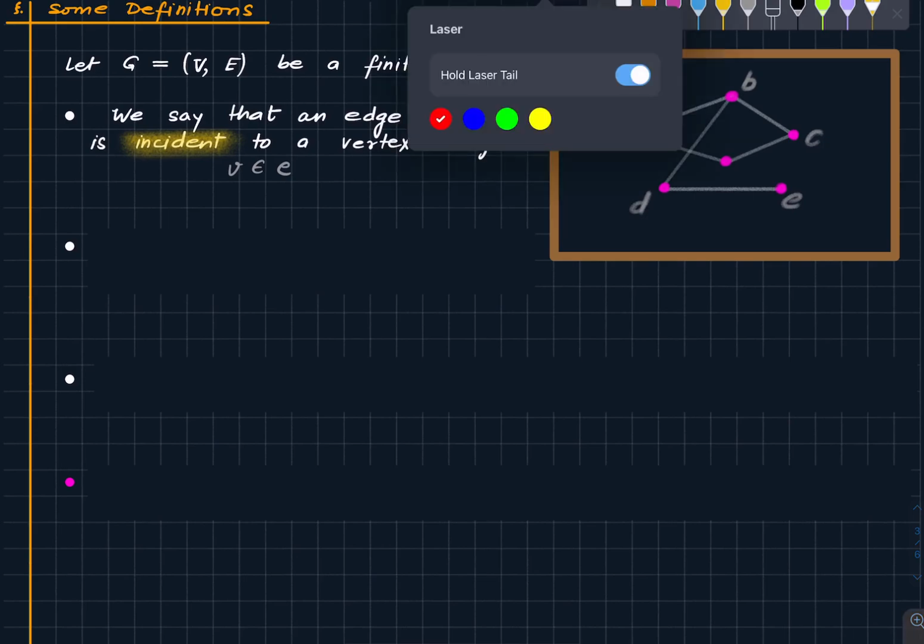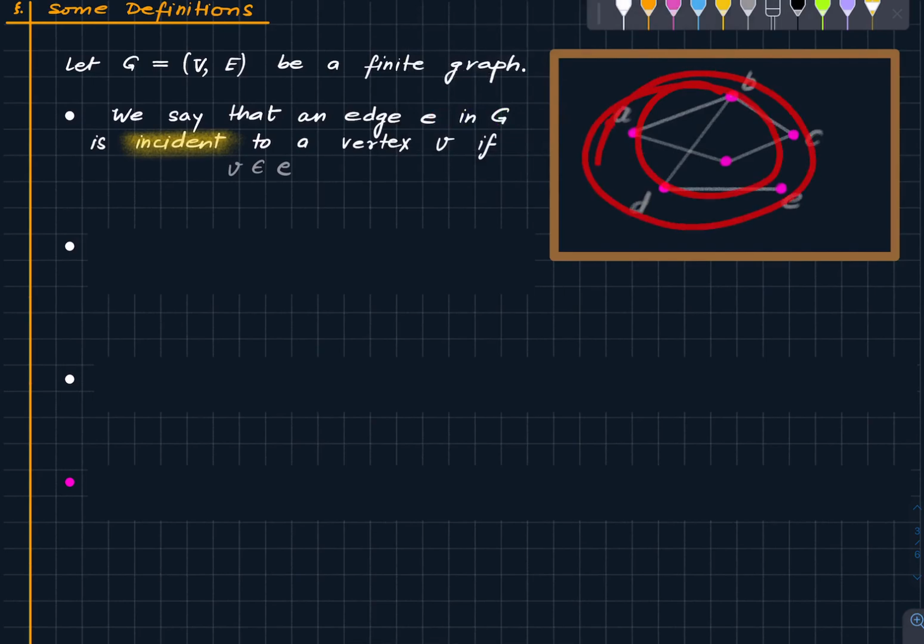Look at this graph drawn here. Suppose you have chosen this vertex A, then this edge is incident with the vertex A because an endpoint of this edge is the vertex A, while this edge is not incident with the vertex A. So that's the definition of incidence.